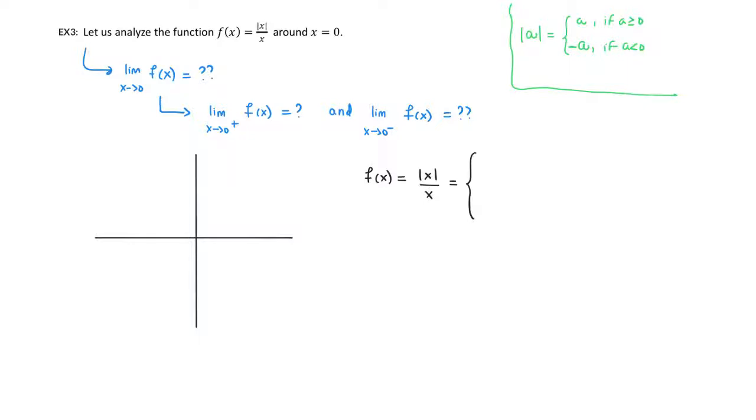So utilizing this definition allows me to rewrite this function as x over x, which is equal to 1. And that happens if x is greater than 0. And we are going to say negative x over x, which is equal to negative 1, if x is less than 0.